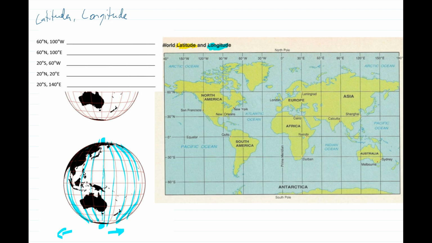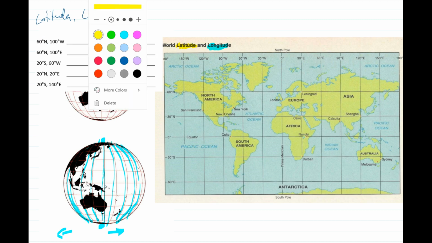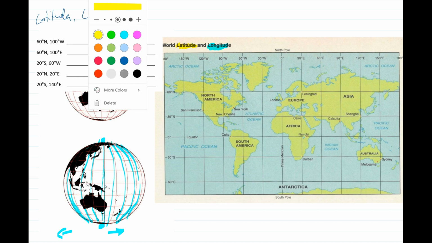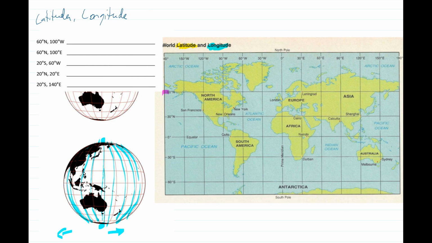Okay, so 60 degrees north is going to be, let me go, nice fat yellow line. Okay, good. Is going to be on this. That didn't really show up, did it? Let's go to a different color. Pink will work well. 60 degrees north. That's going to be here. 60 degrees north of the equator. And then 100 degrees west.